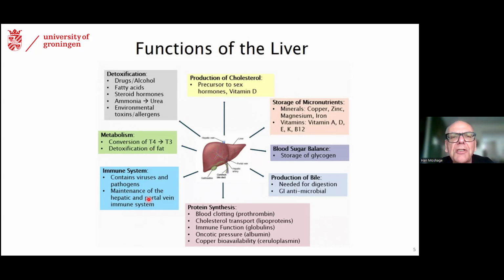So you can understand that the liver is crucial to many central processes in the human body, and therefore liver diseases usually affect many other organs. So if your liver fails, you will have problems with, for example, blood coagulation and fibrinolysis of blood. You will have problems in the metabolism of toxic compounds and alcohol.